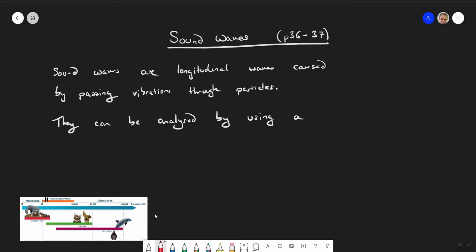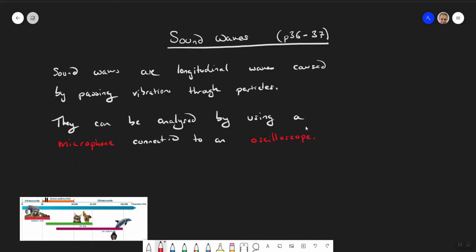I'm going to use a different colour. So the microphone is something that turns the sound wave into an electrical signal.